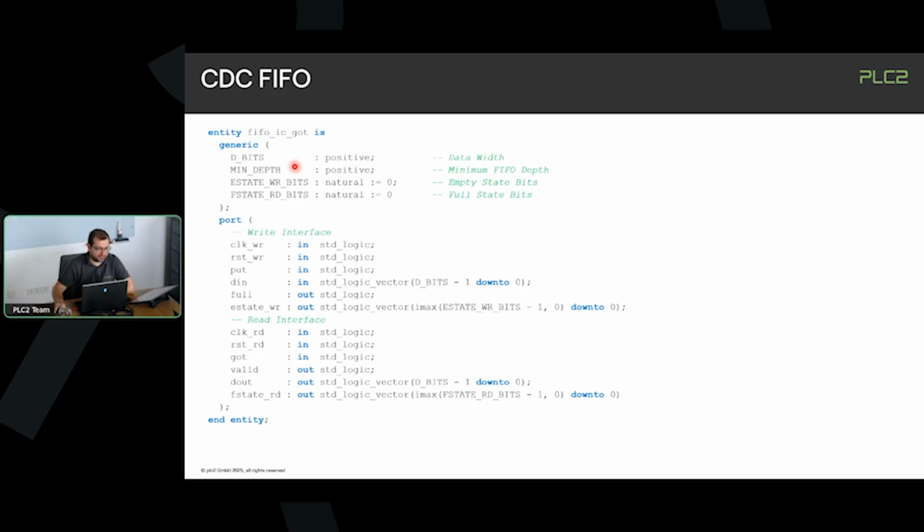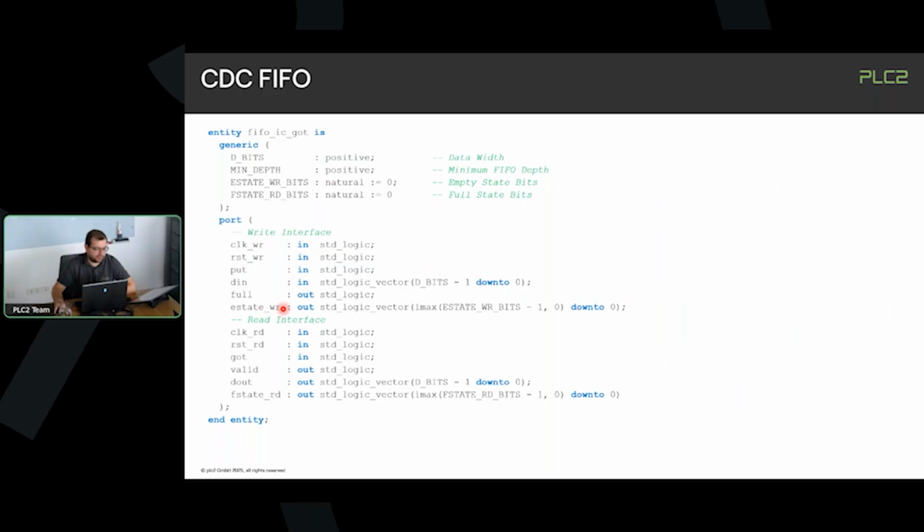We can specify the number of data bits, a minimum depth of our FIFO, how many empty state bits we want to have and how many full state bits we want to have. And then it takes a write side clock, a reset for the writing side, a put signal, which some other implementations call enable data in, and a full indication.